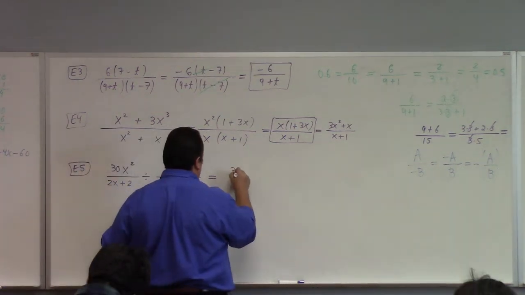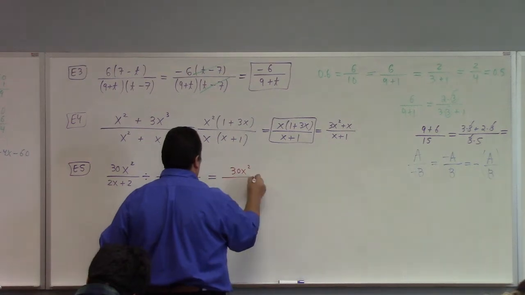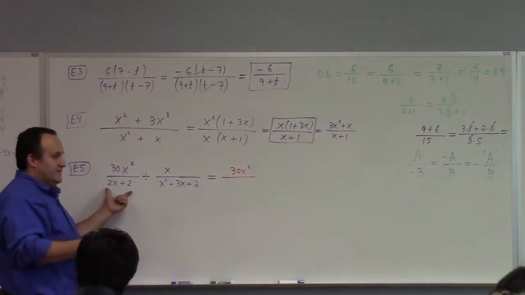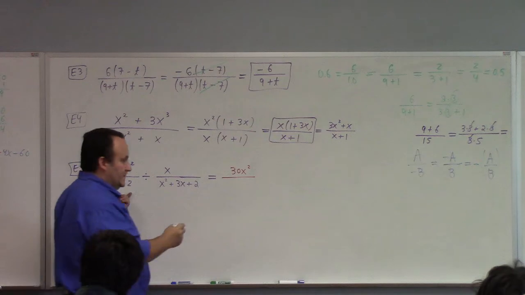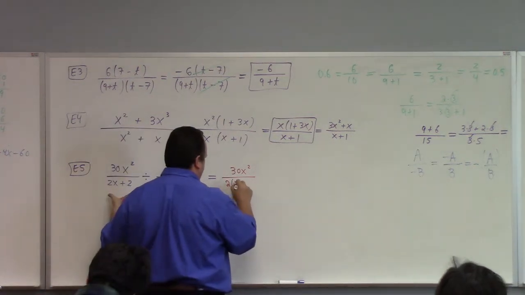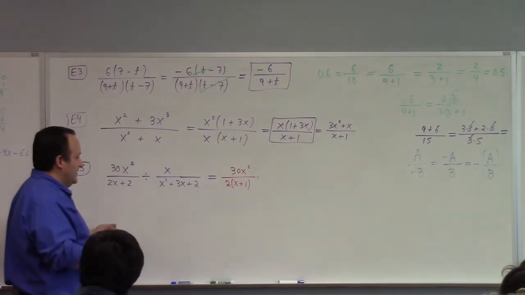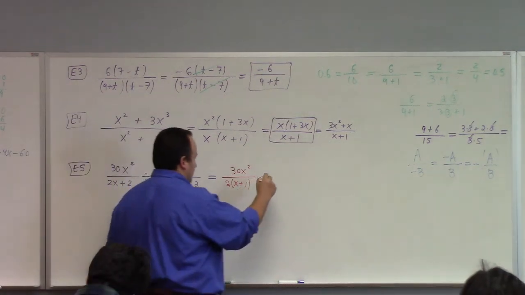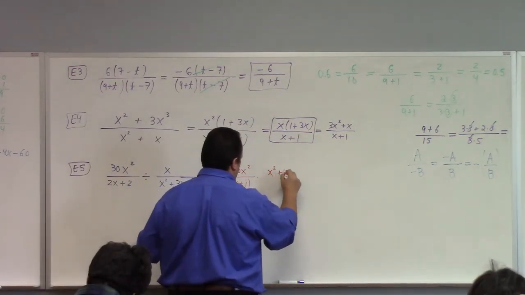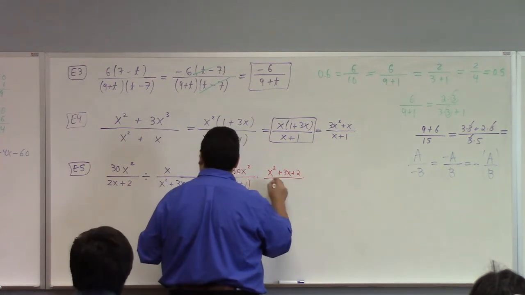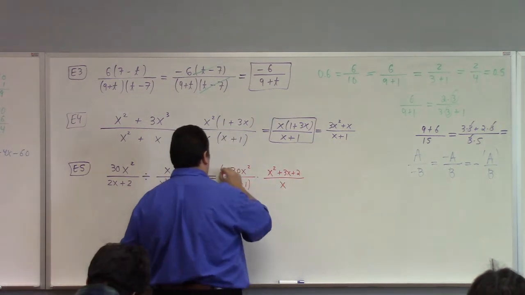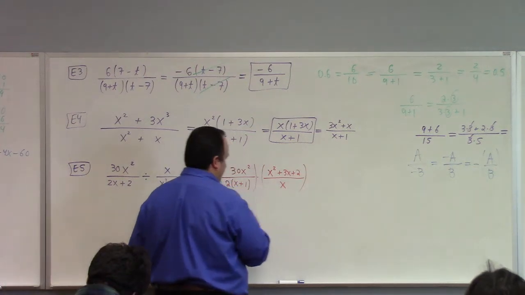So we've got 30x squared, and I'm just going to go ahead and factor a 2 out there, yeah? And then I'm going to multiply by the reciprocal of that, which is x squared plus 3x plus 2 divided by x. We all good?